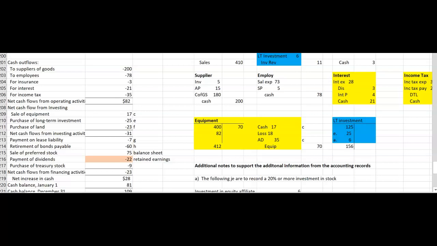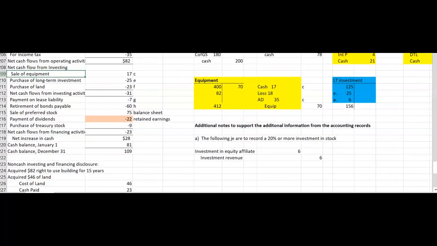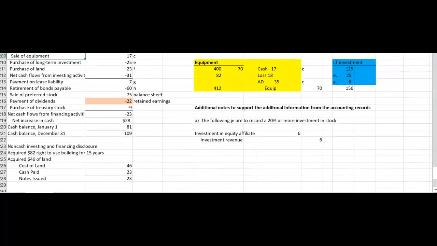Okay, of that $46, what did they pay? Cash of $23. So that's what the net cash outflow for the investment in land is, $23. But they also issued what? A new notes payable for $23 million. In this example, we have a partial non-cash transaction.